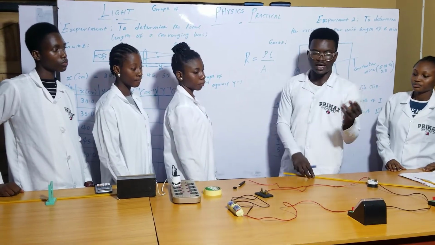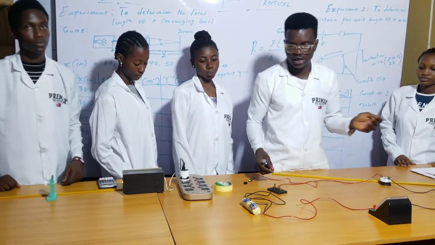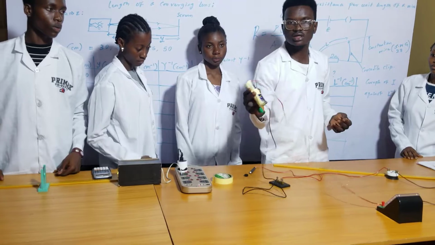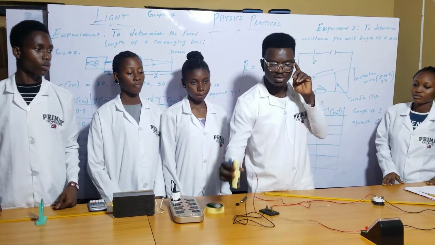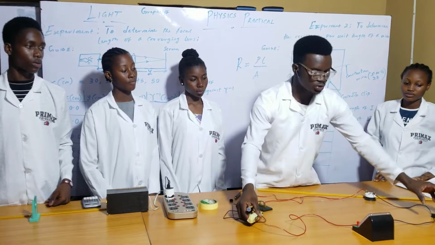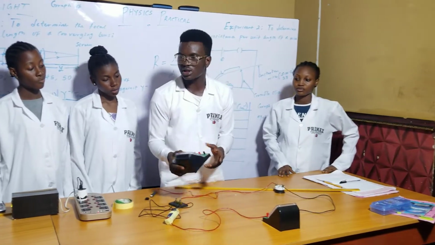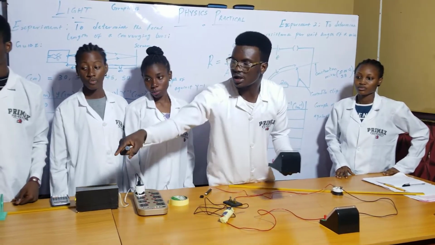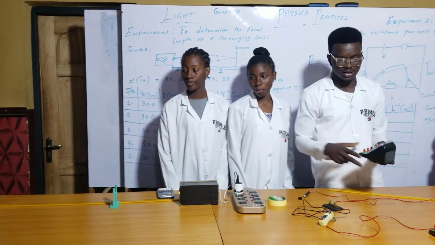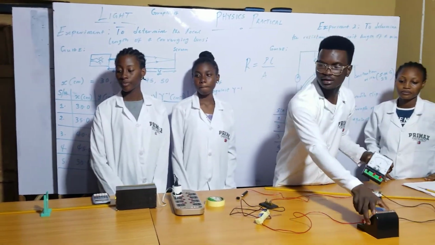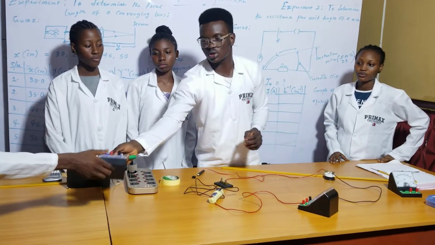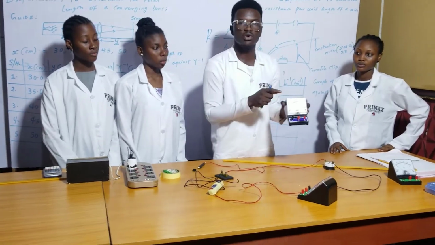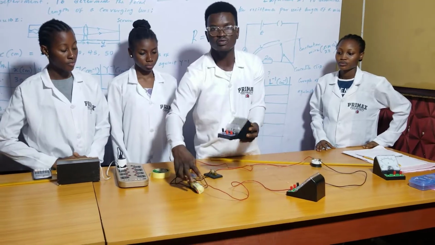So the apparatus I need to carry out this experiment: this is my cell. It's a 3-volt battery. We're going to check it before you start the experiment. You connect it to a voltmeter. So this is an ammeter. The voltmeter, please help me to pass the voltmeter. So this is an ammeter, this is also an ammeter, but you use a voltmeter to test for the EMF of the battery.